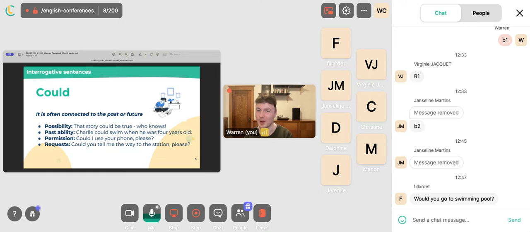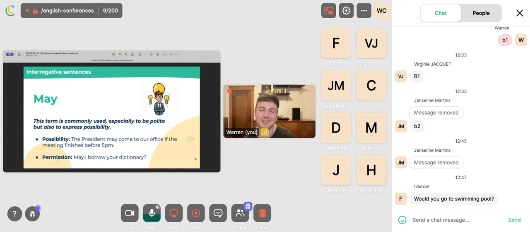The last one there, requests. Could you tell me the way to the station, please? So many things here. We can see possibility, past ability, permission, and requests. Let's continue.